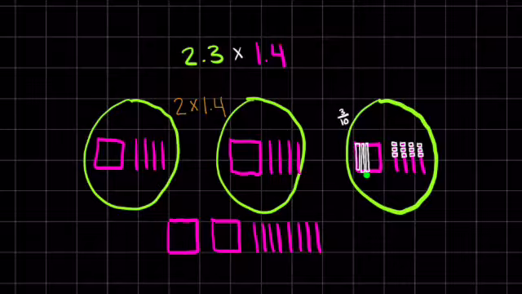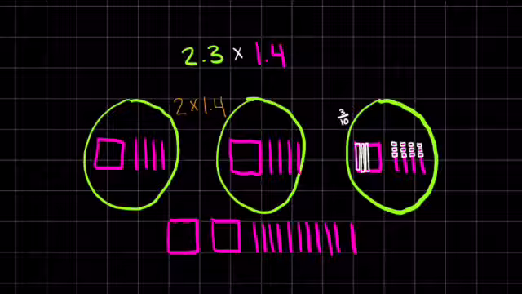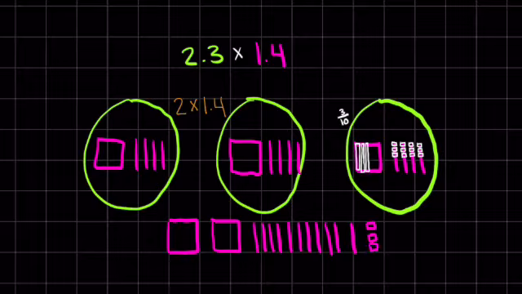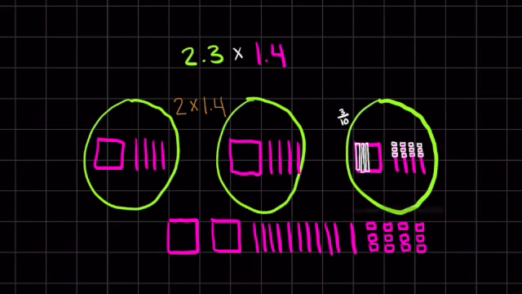And then I have 3 longs from here. So I'm going to add to that. And I have 3, 6, 9, 12 units from this group. And then I'm just going to double this to make 12 units.